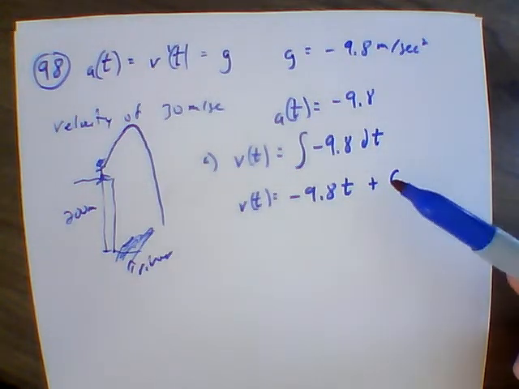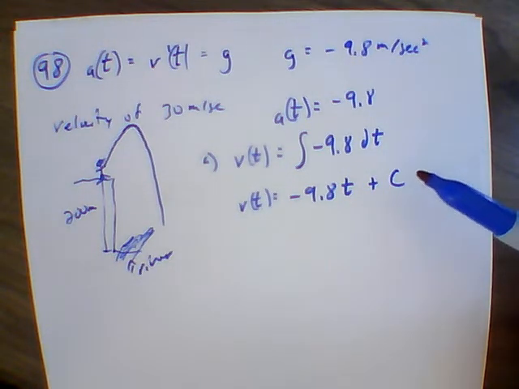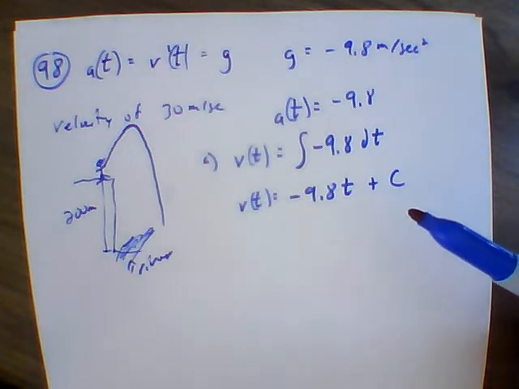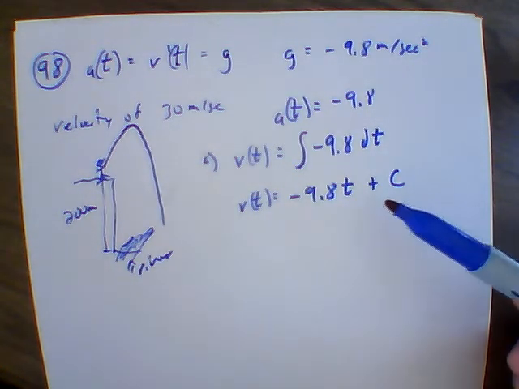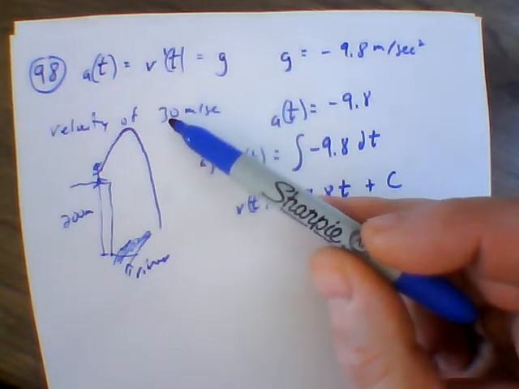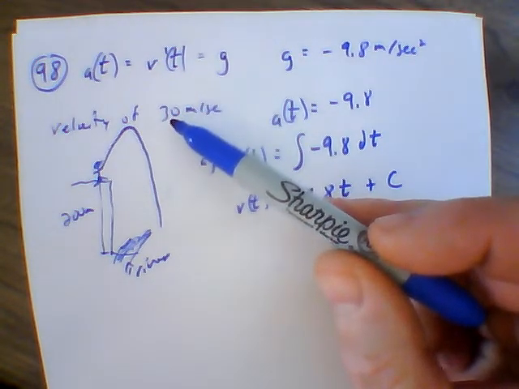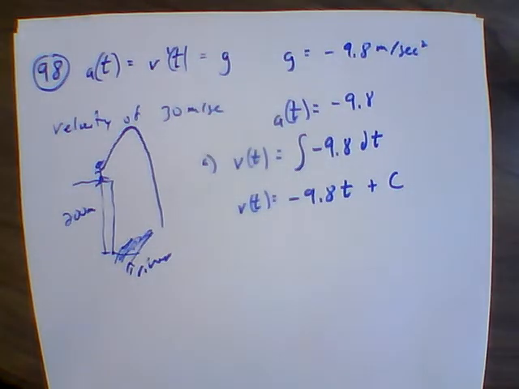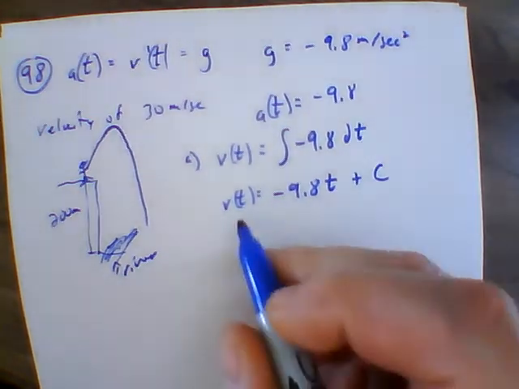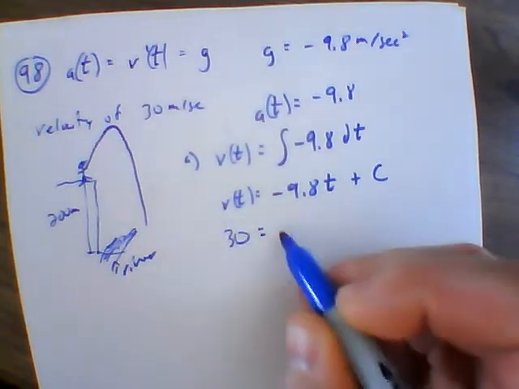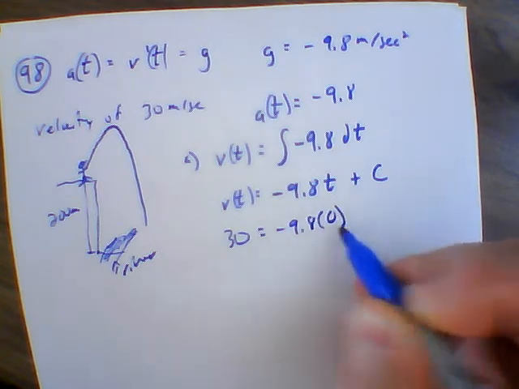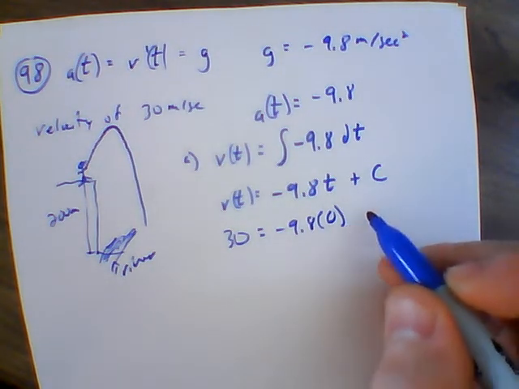Now, we can't just go around here with this arbitrary constant, okay? We actually have to figure out what this constant would be. So what we would look at now is we would look at what was given to us, that we knew, or we know that the initial velocity was 30 meters per second. So what does that mean? That means that this velocity was 30 when time was 0.